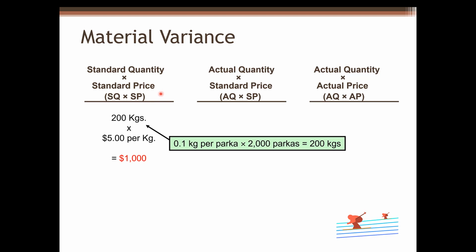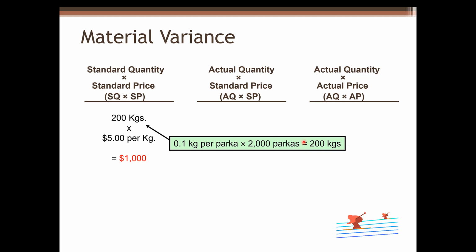So, actual output 2,000 parkas. We calculate standard quantity allowed for 2,000 parkas. And for each parka, 0.1 kilogram of fiber fill required. So we use 0.1 kilogram per parka multiplied by 2,000 parkas.